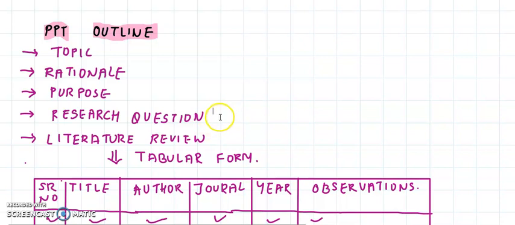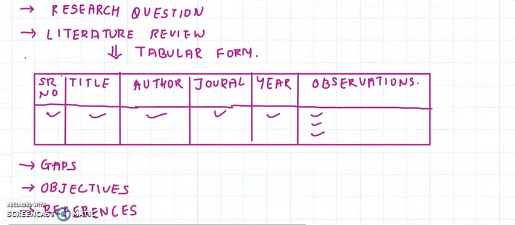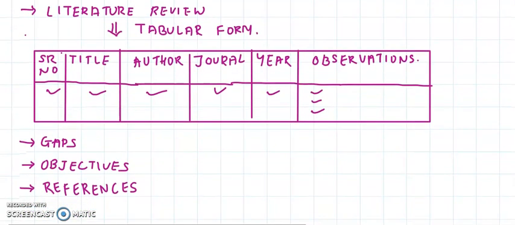Next, let's move on to the literature review. In the literature review, I would suggest you use a tabular format, which will make your literature review look very neat and clean and also very organized. The very first thing you have here is your serial number, title, author, journal, year of publication and observations.